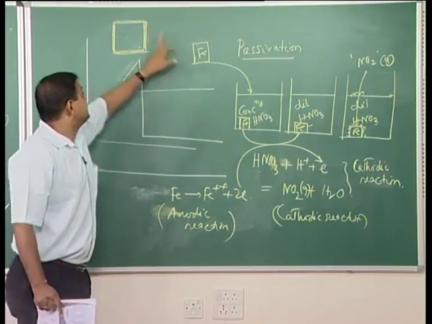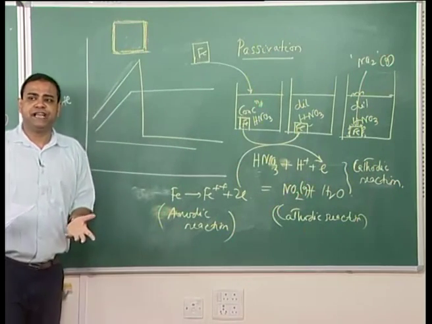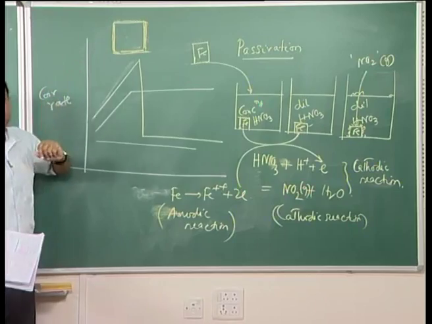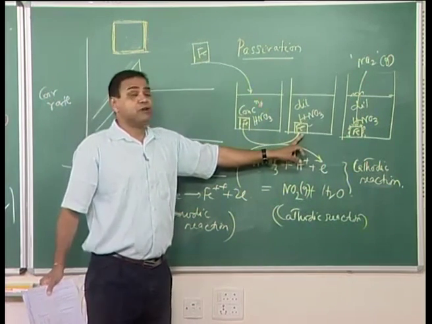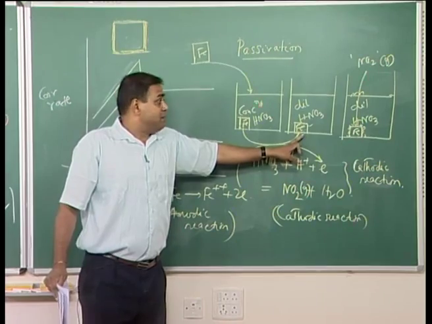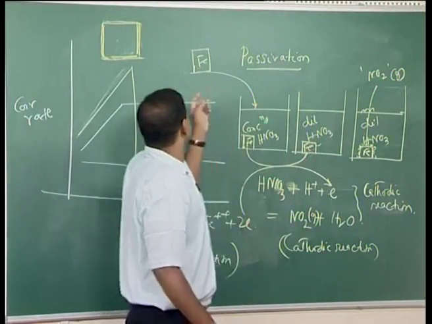Now, once you have this layer, if you put it here, you do not have contact between the dilute HNO3 and iron, because it is covered with the oxide. So, it will not give you any bubble formation or corrosion. But if you scratch it, that means the iron surface is exposed.